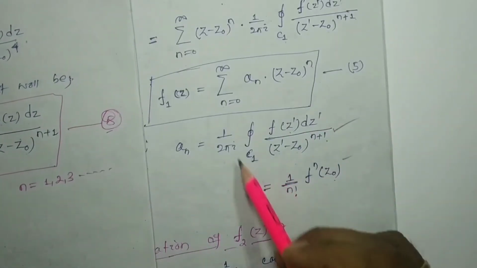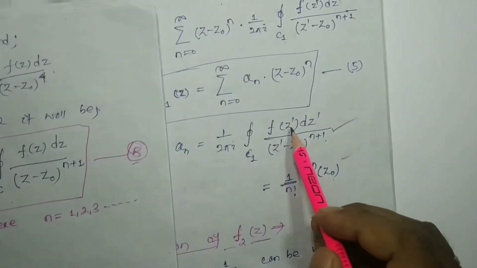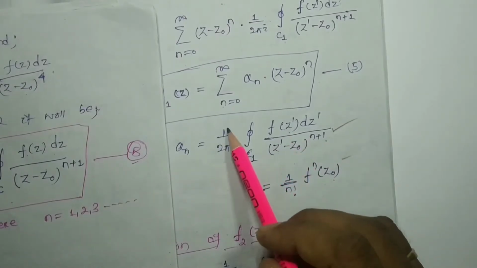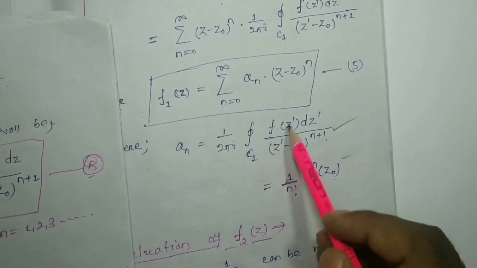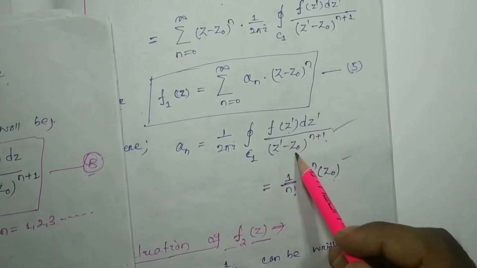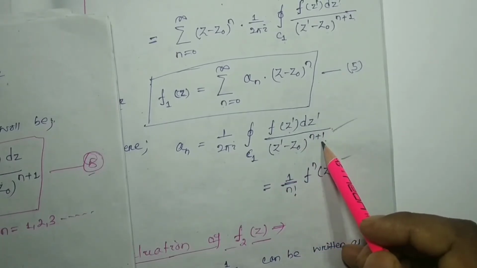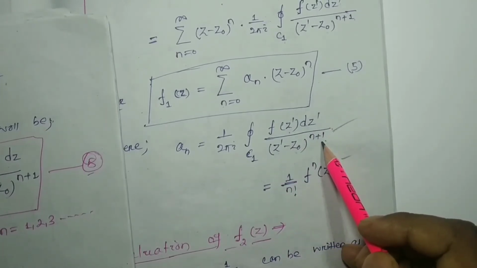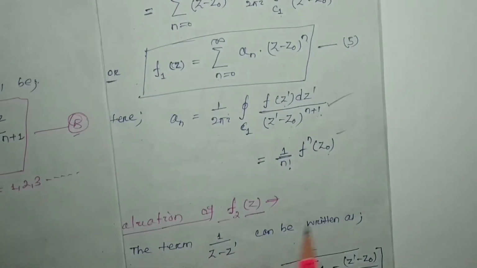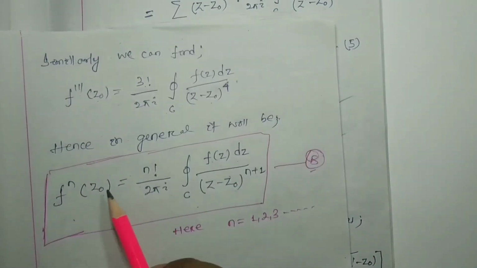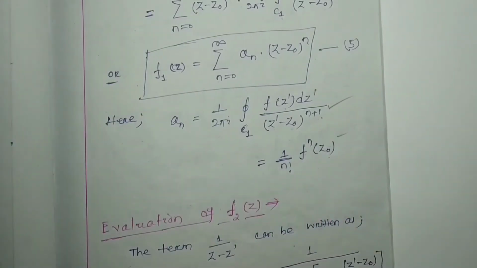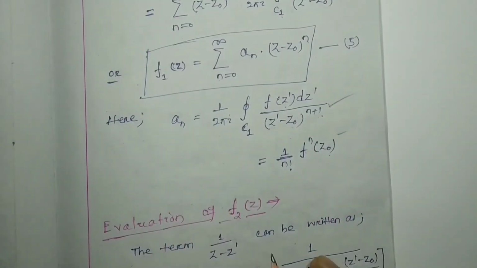So here the same, instead of z, z' is there. So 1 by 2 pi i f(z') dz' by (z' minus z0) to the power n plus 1 will be equal to f^n(z0) by n factorial, which is considered as an here.